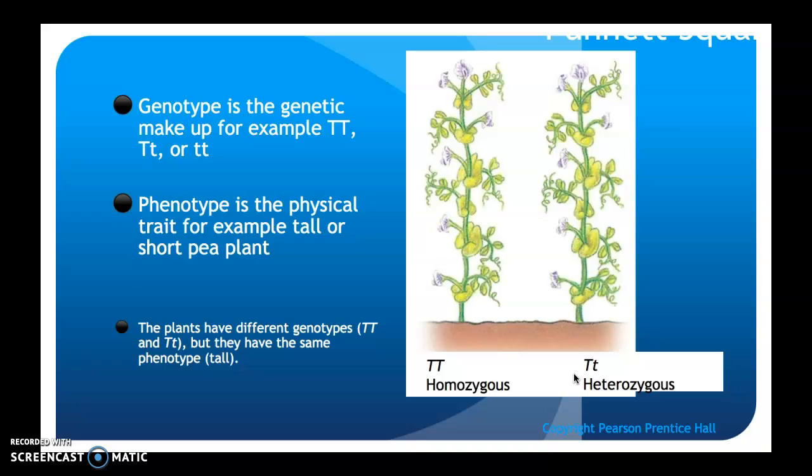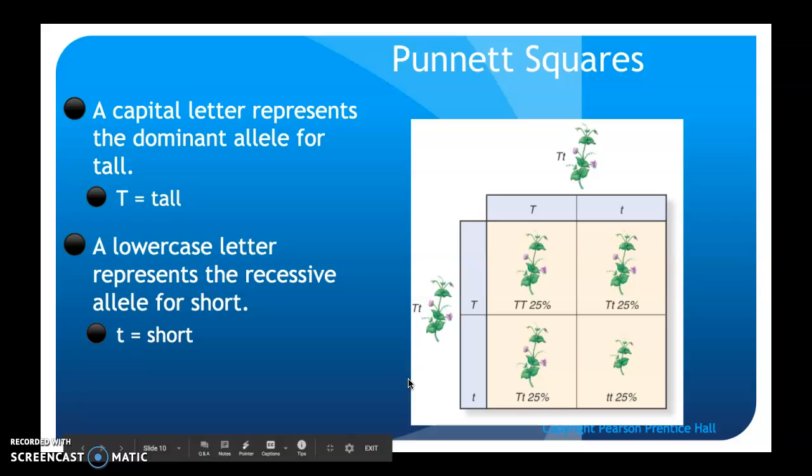We would just know that they're both tall, so they must have at least one dominant allele. Okay? A capital letter represents the dominant allele for big T, tall. A lowercase letter represents the recessive allele for lowercase t, short. All right.